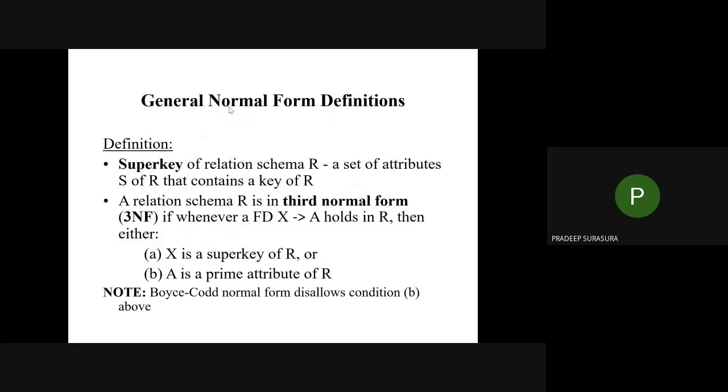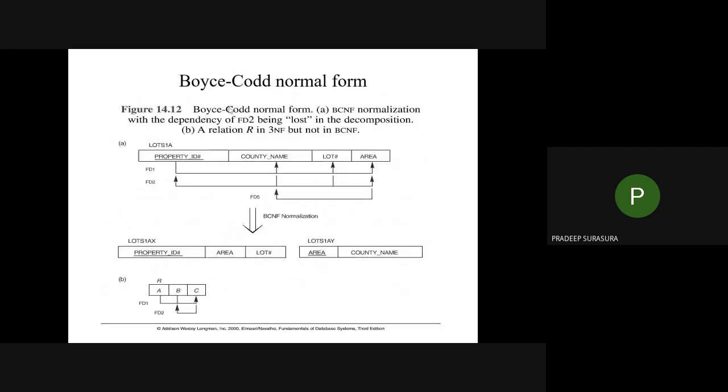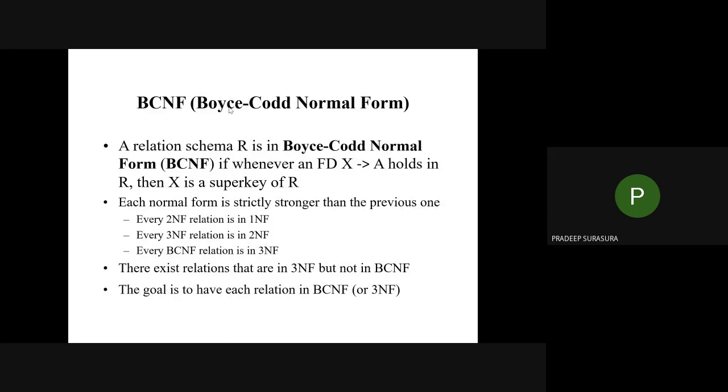So I have clubbed all the definitions, both the alternative definitions and the ones based on primary key. Both definitions I have given, one an alternate way. Now, please understand one more thing. Boyce Codd normal form is an extension of third normal form.